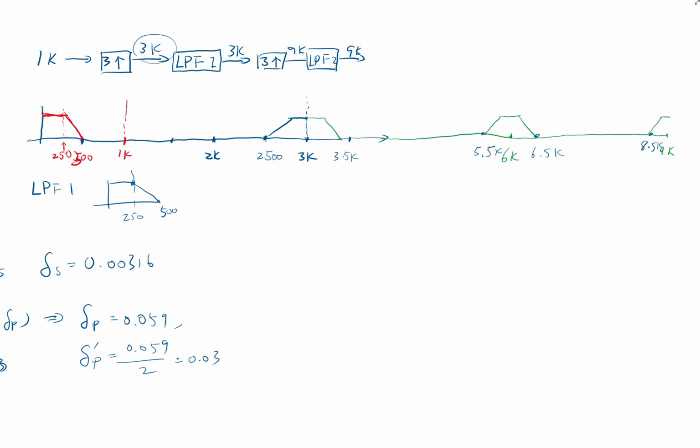Now, what about the new filter you want? Again, you want your passband still to be 250, no problem. For the stop band, you could still use a filter that cuts off everything in between, but you will require a higher order, like 24. Because there is nothing in here, we can put our stop band all the way to here and make it really relaxed.